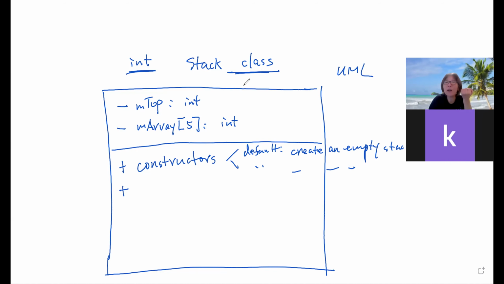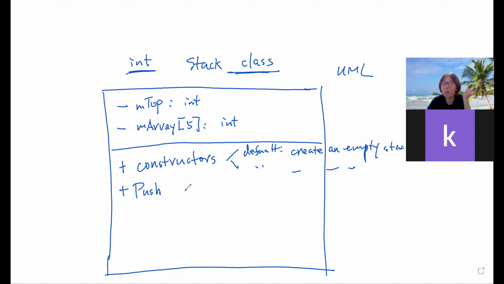Regarding a class, we said we normally need some set methods and some get methods, the accessor and the mutator. Over here, regarding the mutator, we need to add an item, which is what we care about the most.